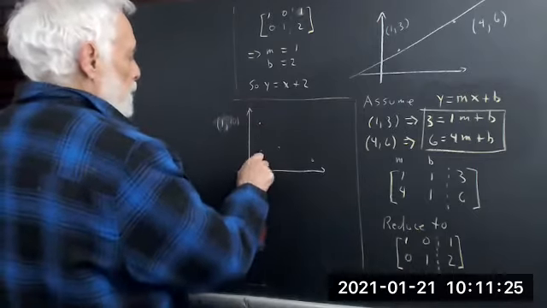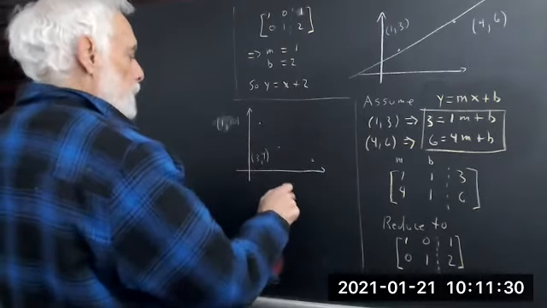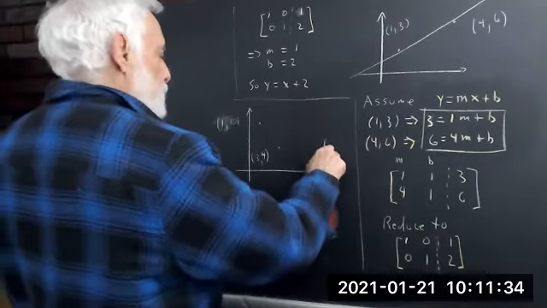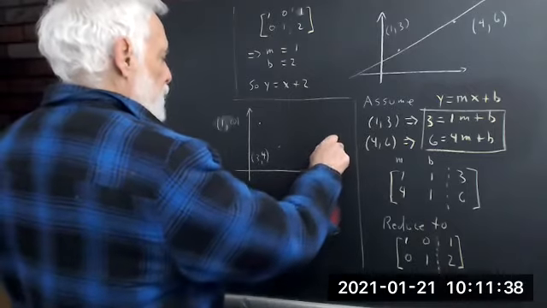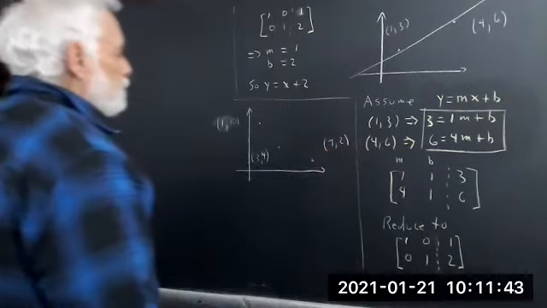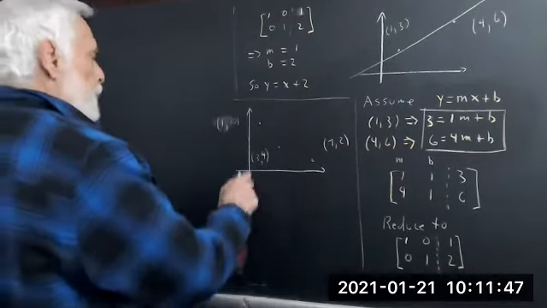If that's 1, that's about 3. If that's 10, that's about 4. So (3, 4). And here, if that's 3, that's probably 7, (7, 2). Okay, so let's say we have these 3 points.